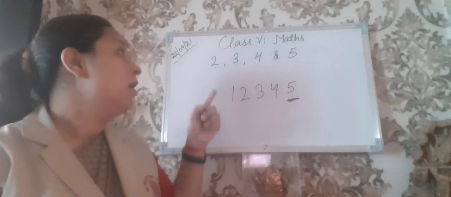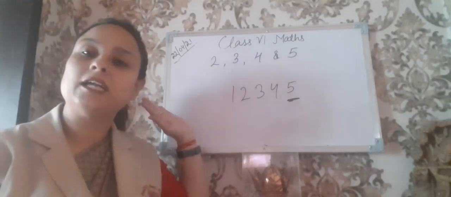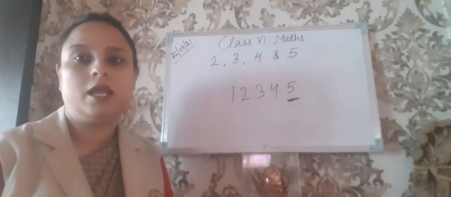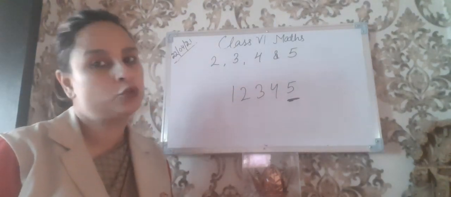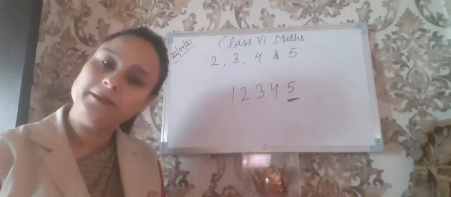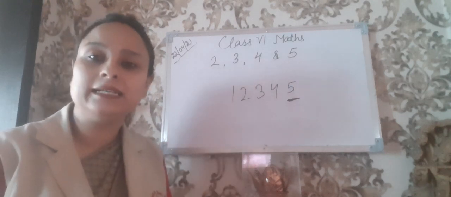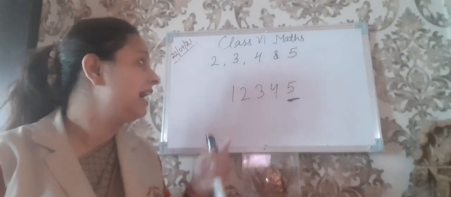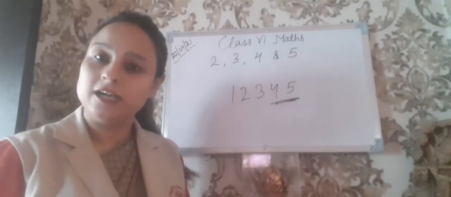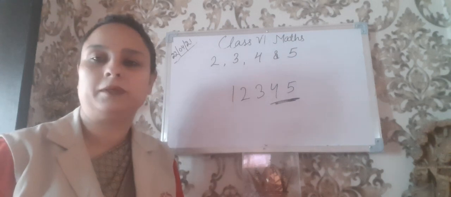What was the divisibility test by 3? We find out the sum of all the digits. If the sum of all the digits is divisible by 3, then the number will also be divisible by 3. Next one was the divisibility test for 4. If the last two digits are divisible by 4, then the whole number will be divisible by 4.